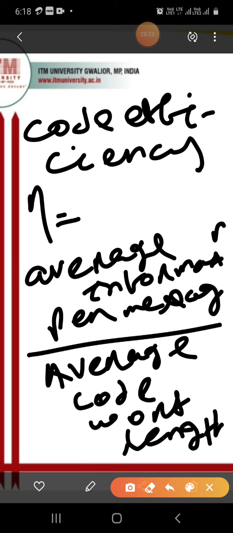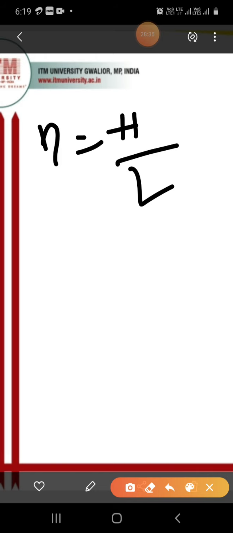So I can write the code efficiency as H by L, because average information per message is denoted by H and average code word length is denoted by L. There is no unit for the code efficiency, and it can be expressed in percentage also.